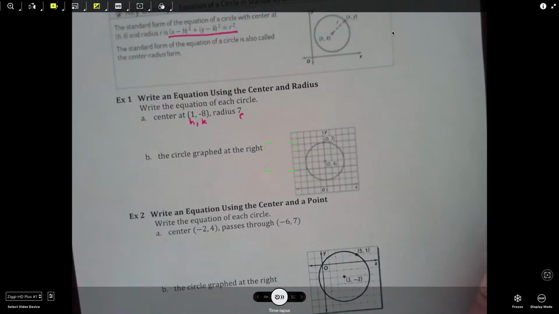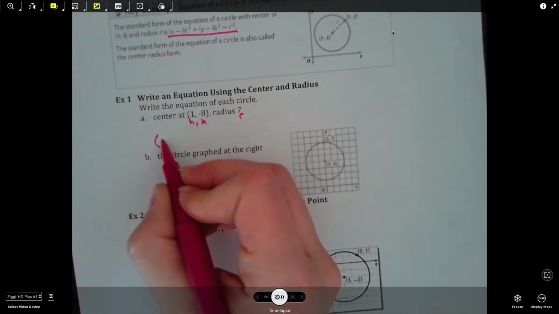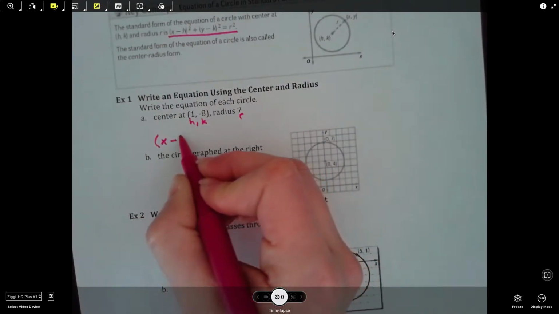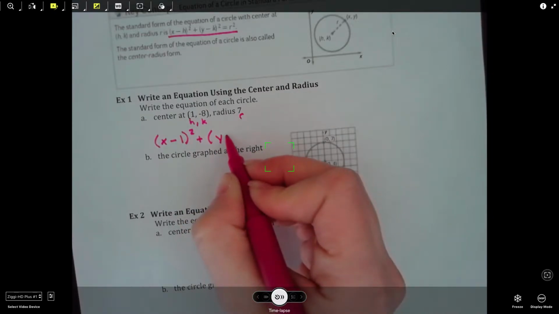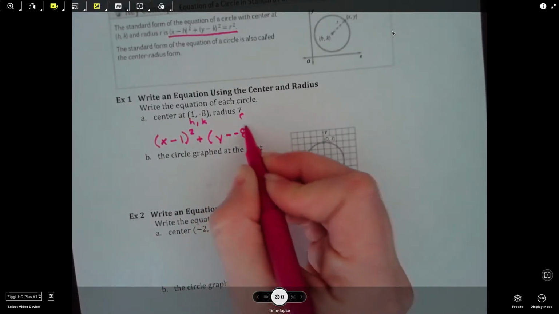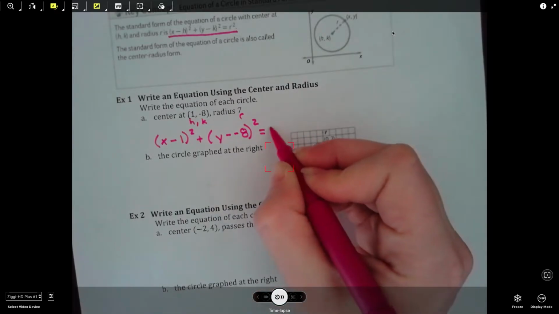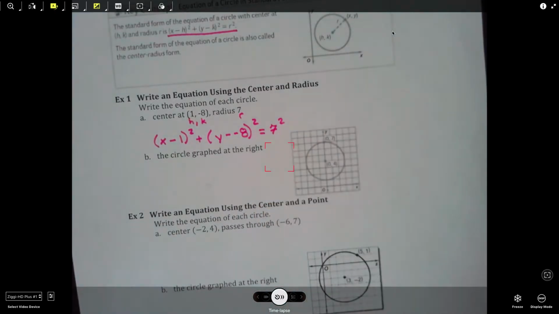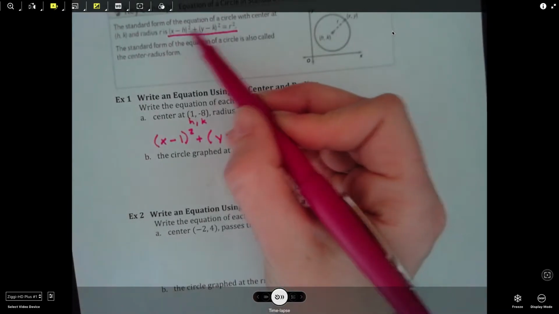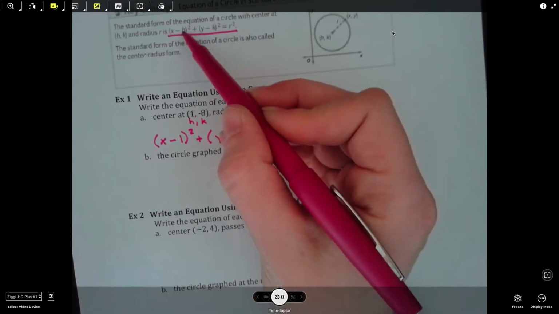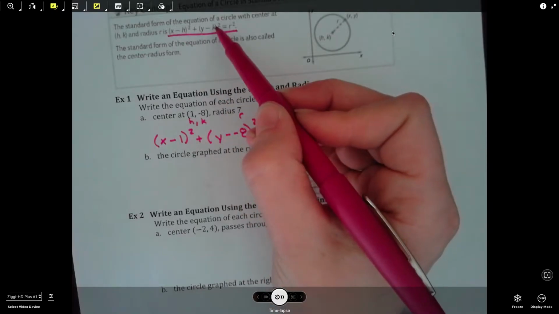I've got x minus h, and h is 1, squared, plus y minus a negative 8 squared equals 7 squared. I'm just plugging things in up here. x stays as x, y stays as y, and then you just plug numbers in for h and k and r.